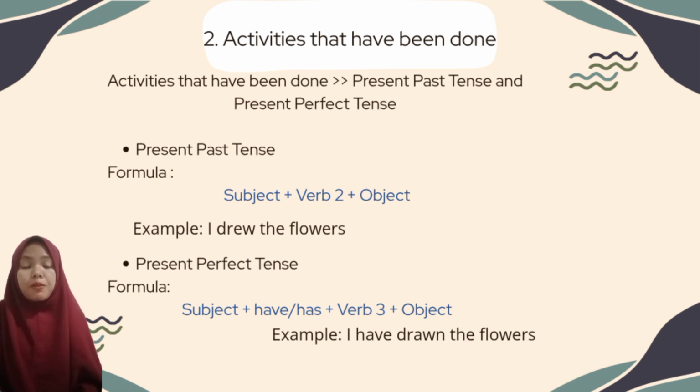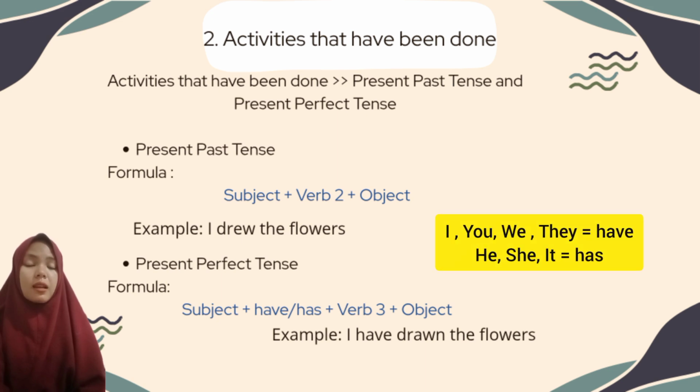And present perfect tense, the formula is subject plus have or has plus verb 3 plus object. For example, I have drawn the flowers. I as a subject plus have or has. Here I use have because the subject is I. Drawn as a verb 3, the flowers as an object.